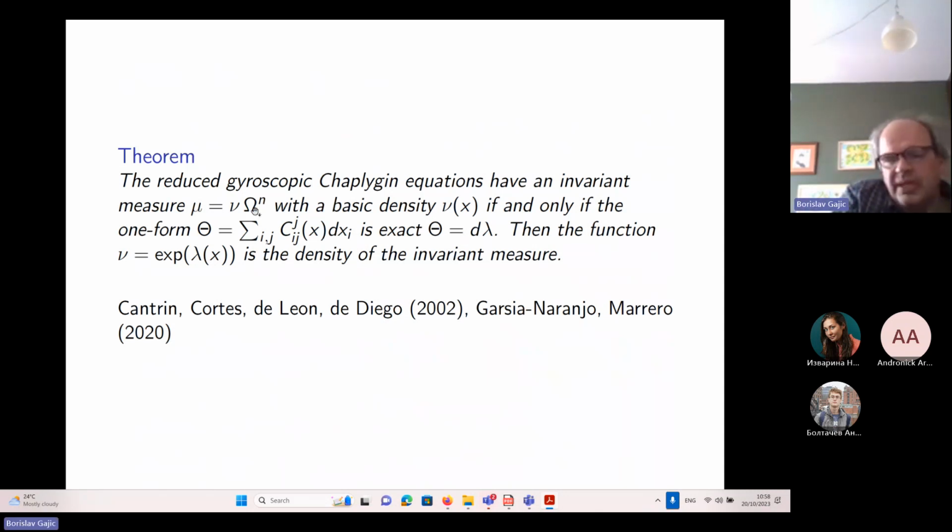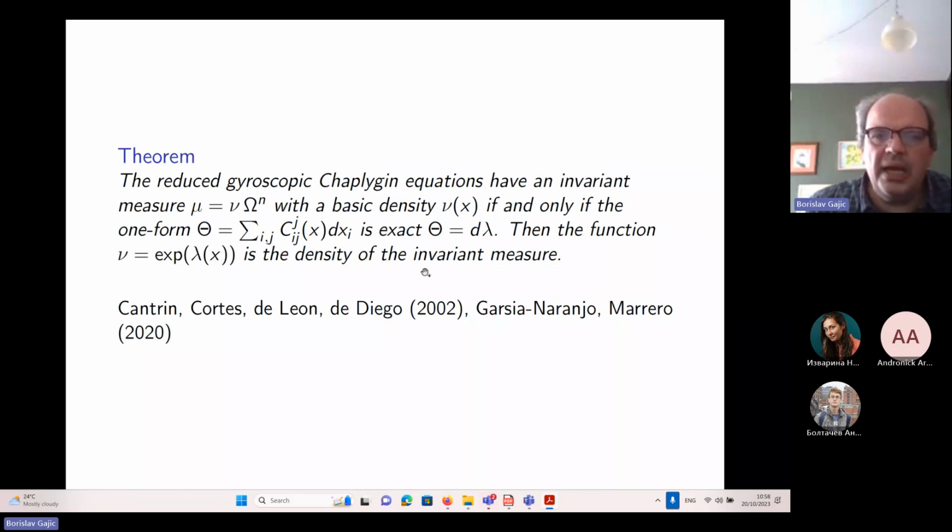The natural question is when the reduced gyroscopic Chaplygin equation has an invariant measure with density Q, and we have a theorem that it is satisfied if and only if the one-form is exact. Then the function is the density of the invariant measure.